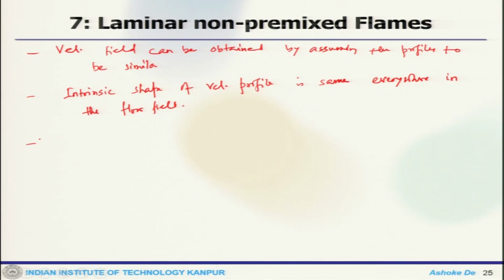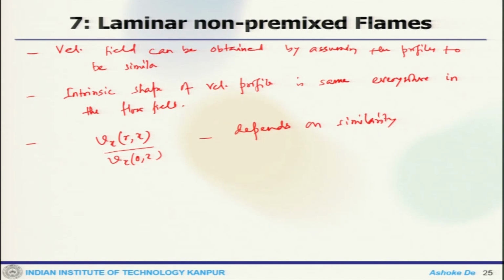Thirdly, the radial distribution of Vx, so Vx as a function of r, when normalized with the local center line velocity like this, is a universal function that only depends on the similarity variable, that is r by x.